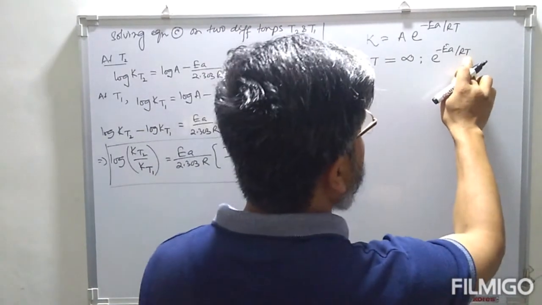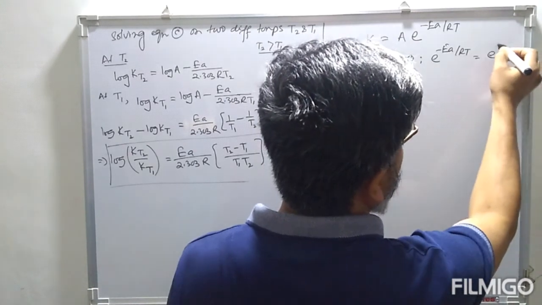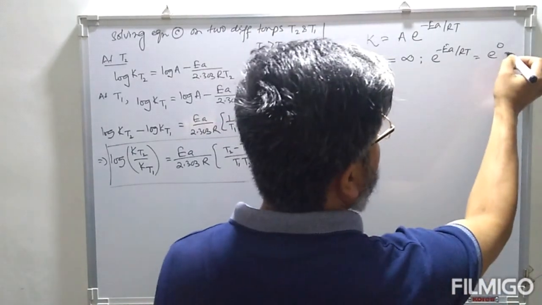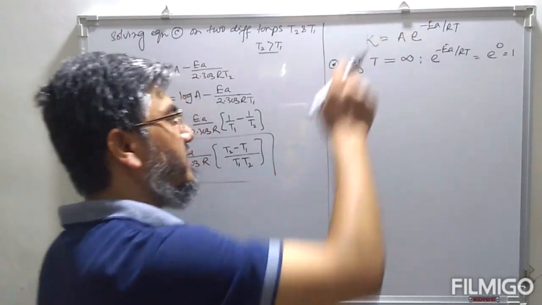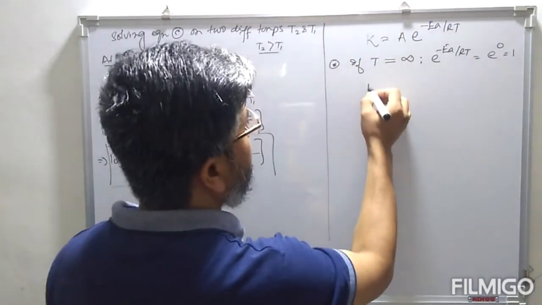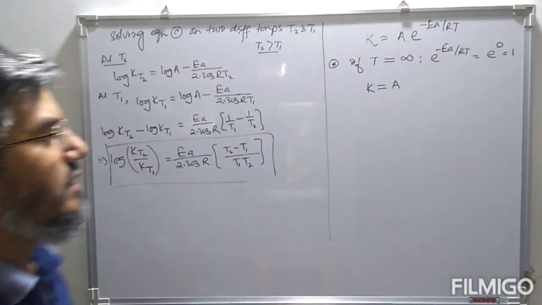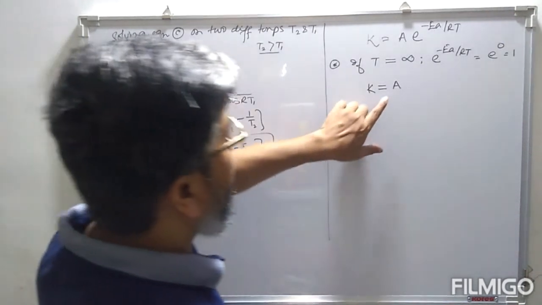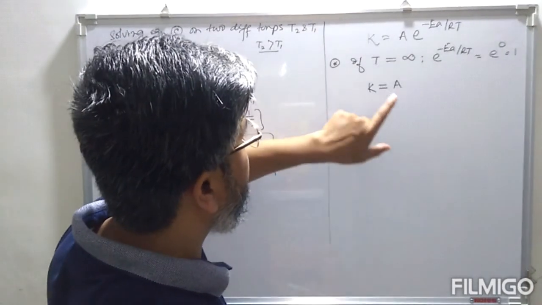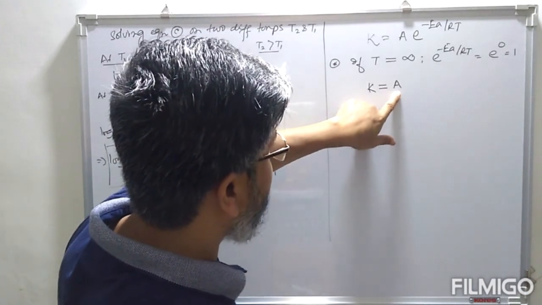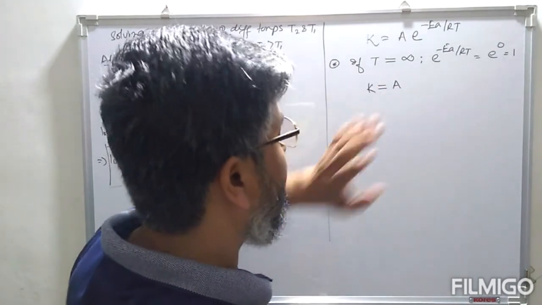So this is something divided by infinity, which is defined as 0. So this is e raised to the power 0, which equals 1. So if the temperature is increased to an infinitely large value, then we have k equals A. So at infinitely large temperature, this pre-exponential factor A is equal to the rate constant k.